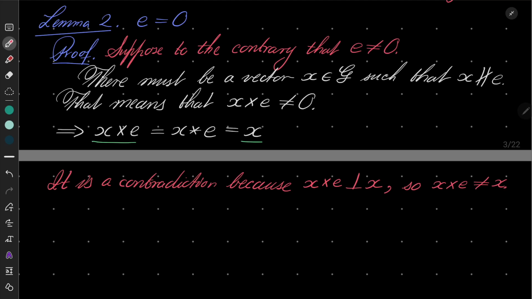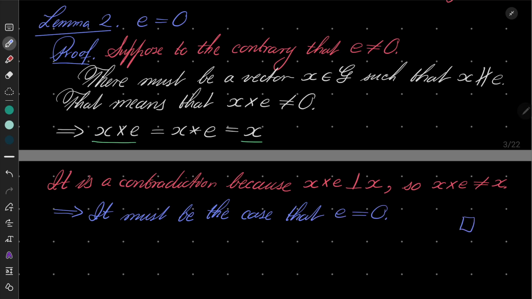And that's a contradiction, which means that it must be the case that E equals 0, in fact, and that closes the proof of our second lemma. So now we know that the neutral element of our group is, in fact, the 0 vector.